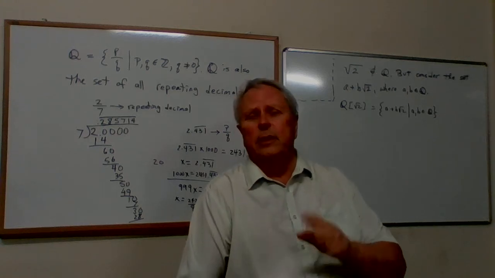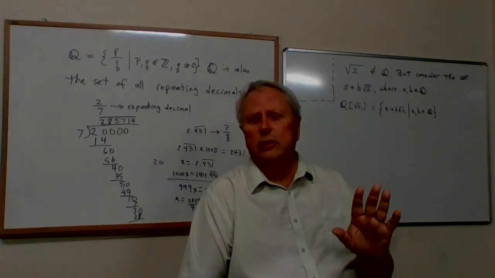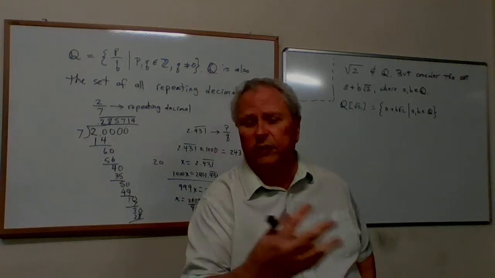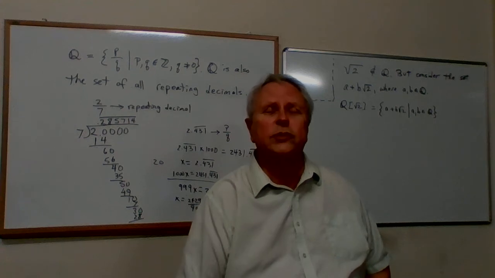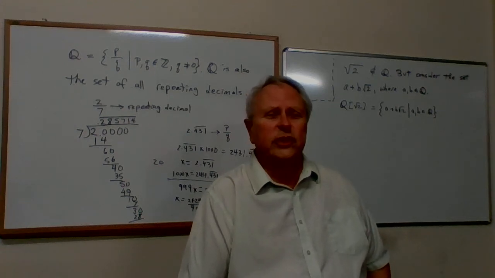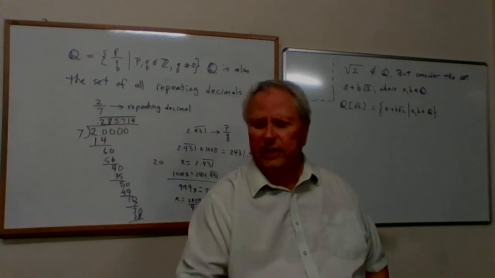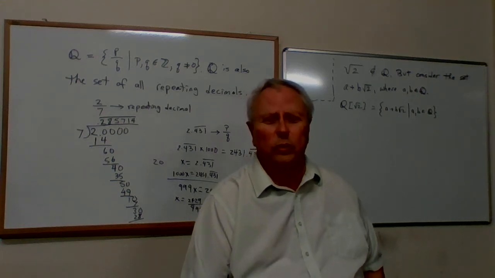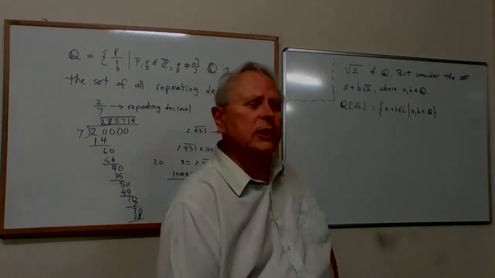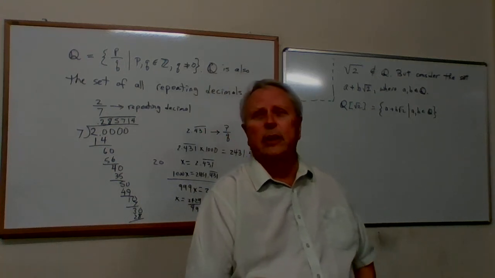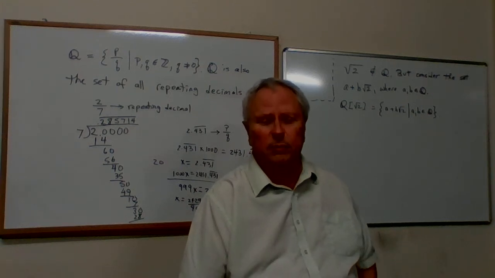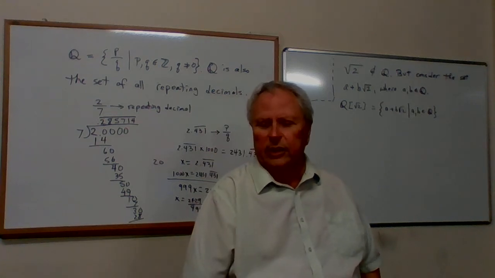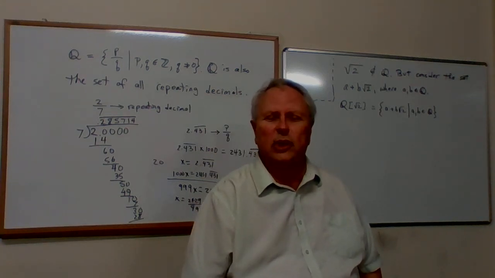However, the set of rational numbers can be put into one-to-one correspondence with the set of integers. In fact, the set of counting numbers, 1, 2, 3, 4, 5, the natural numbers. And it's done by a clever diagonalization process. You can look up Georg Cantor on Wikipedia if you want to see that diagonalization process. It's not difficult. In fact, we talked about it a little bit when I showed you ordered pairs of integers, and as we talked about those lattice points and all.